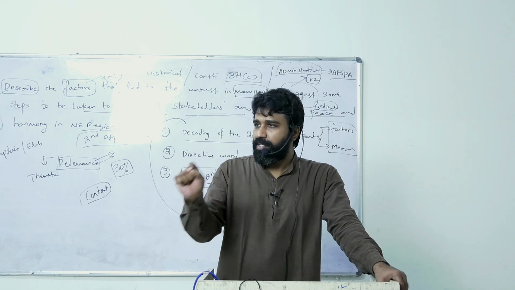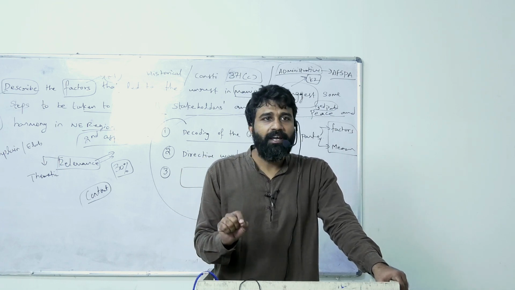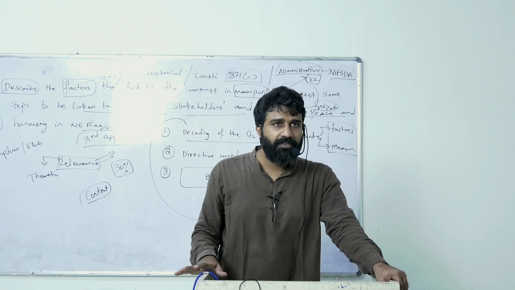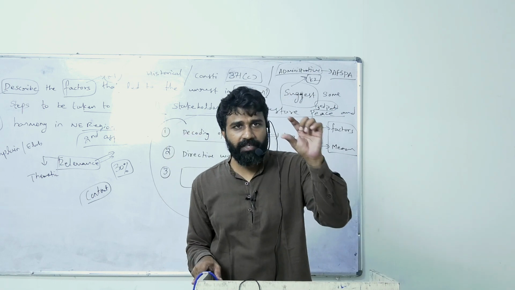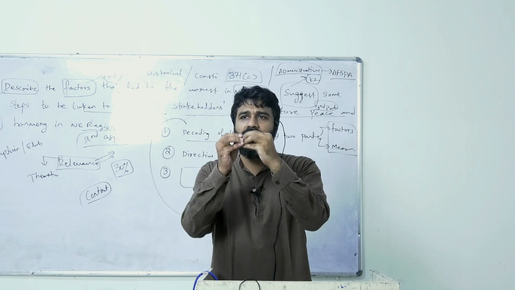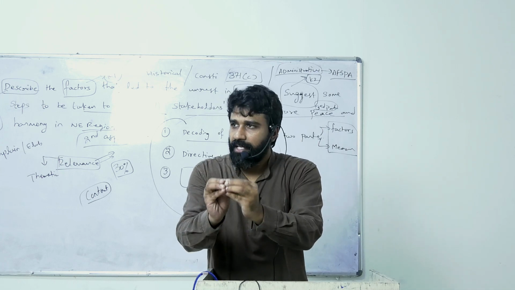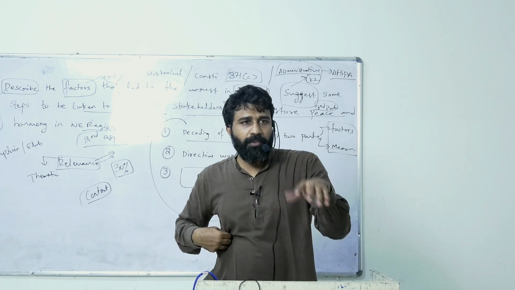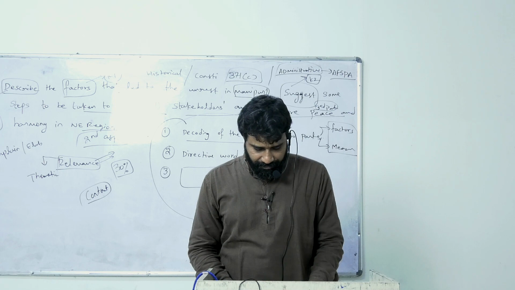So this was a situation, a factor that created unrest in Manipur, isn't it? If you have written such an introduction, it is directly hitting the major point and is thematic in nature, and you can come to the main body of the question.